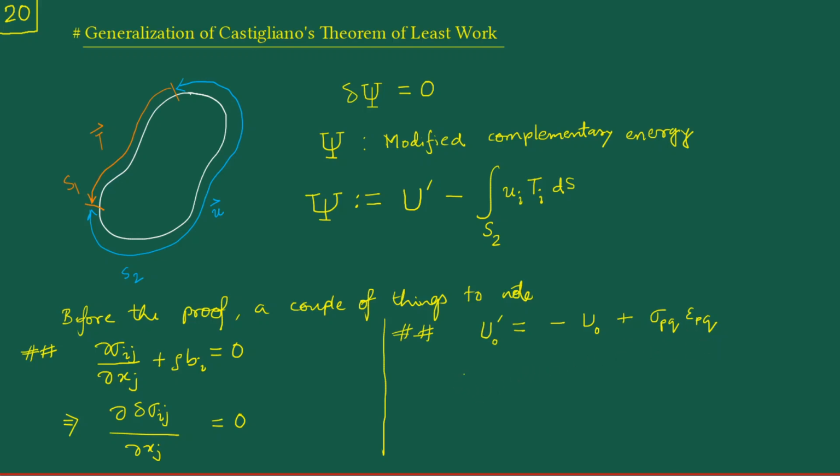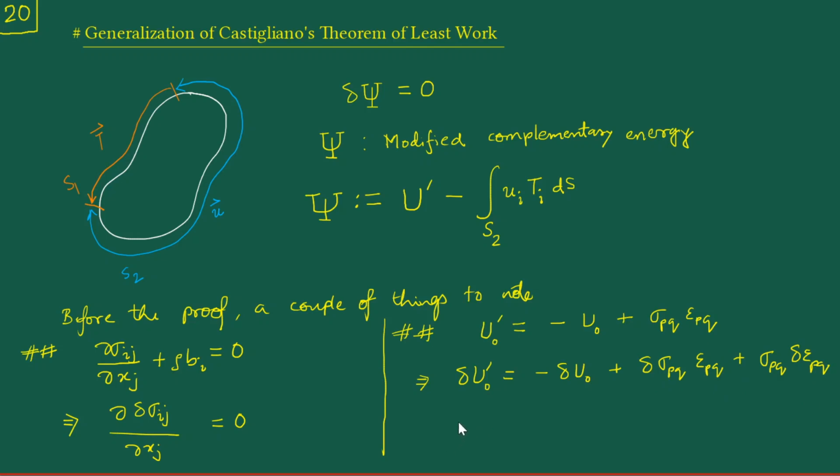So if we take the first variation of this, what we obtain is this thing plus this, where we have just taken this part by part.